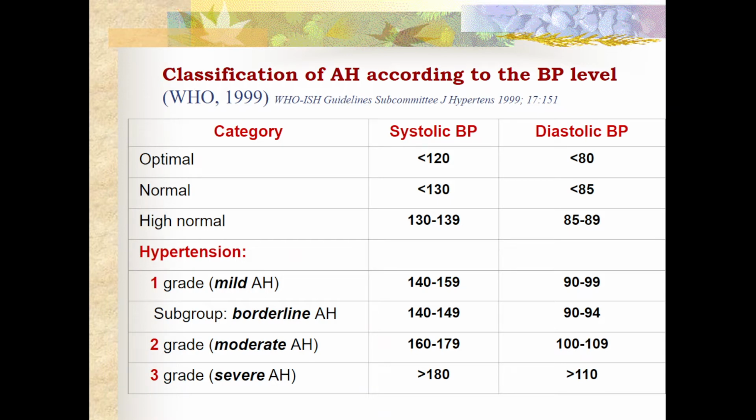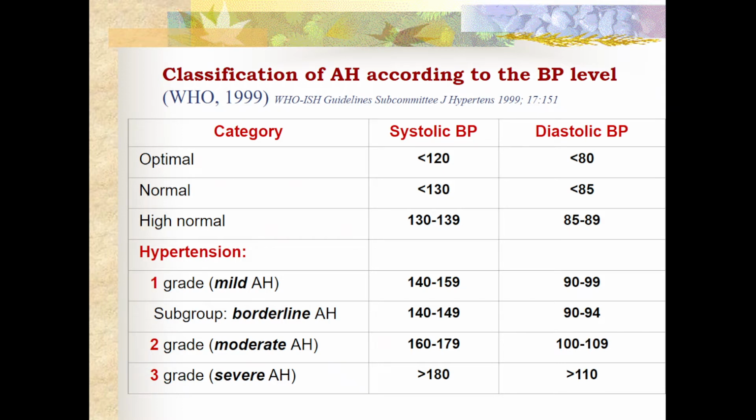Optimal blood pressure, when systolic blood pressure is less than 120 mm of mercury and or diastolic less than 80 mm of mercury. Normal blood pressure, less than 130 mm of mercury systolic and less than 85 mm of mercury diastolic.